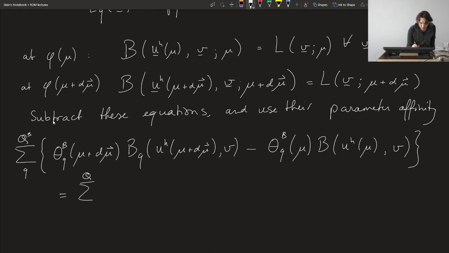And this is going to be equal to the sum over my linear forms affine dependency, which also has thetas, these theta^{L_q} times a linear form. I'm going a little too fast. So these thetas are first evaluated at mu plus d mu.